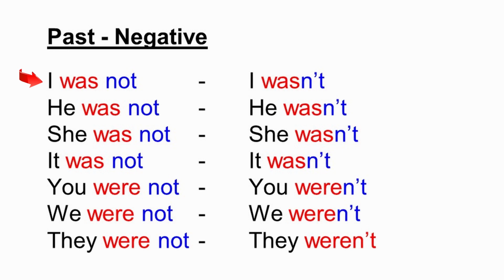And we're back to the easy part again. With past negative, what should we do? We just add not. For example, I was not, contracted, that becomes I wasn't. He was not, he wasn't.